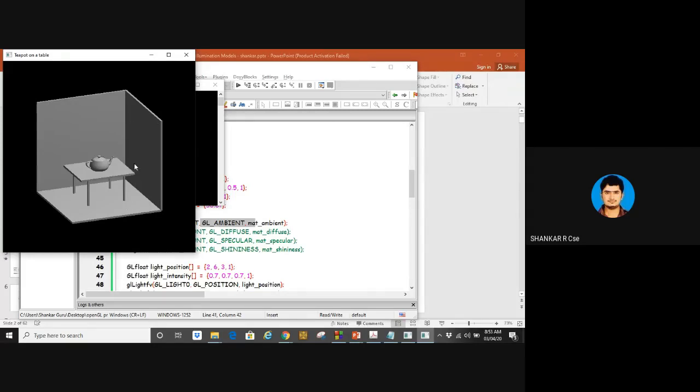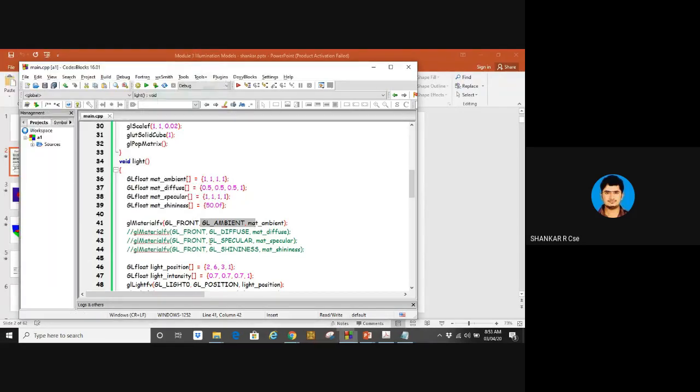You will get an image, but the point is the image will not look natural. It will look very artificial. If you don't take care of diffusion, specularity, shininess and ambientness, all four put together, your image will look very artificial.